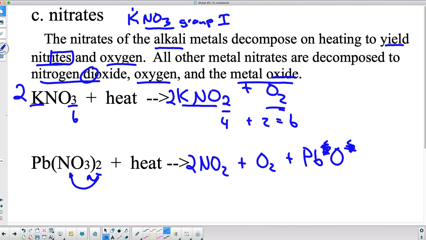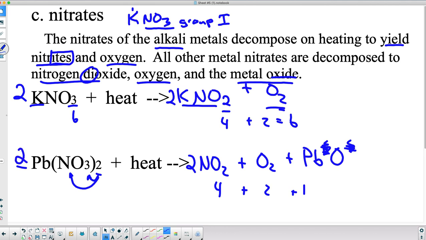It gives me 4 oxygens here, plus another 2 is 6, plus another 1 is 7. Well, that is not good, because any number I put in front here is going to be even because of that 2. So that means I'm going to double stuff, because when I double things, things tend to work out.